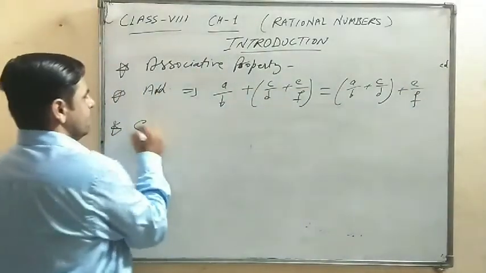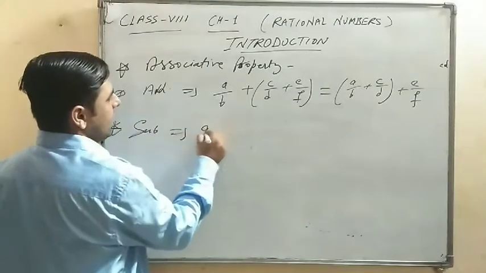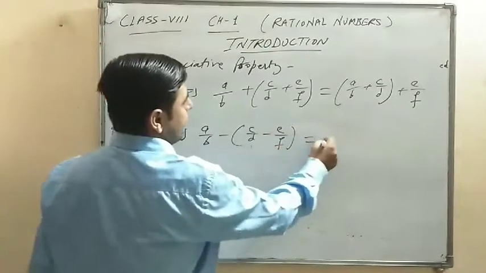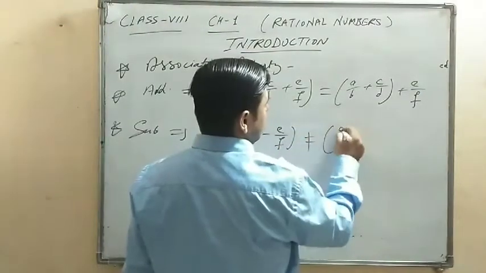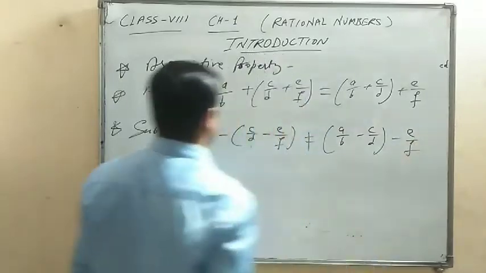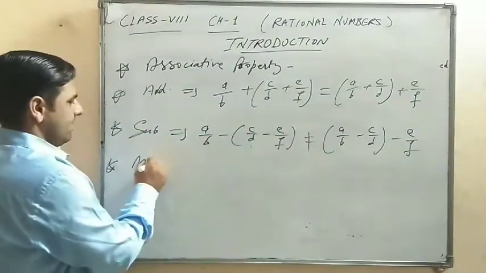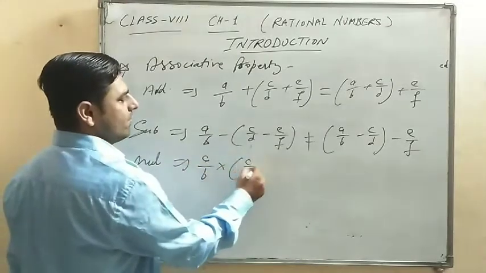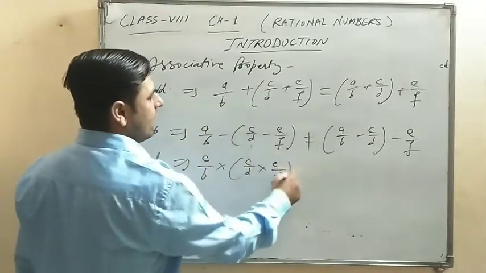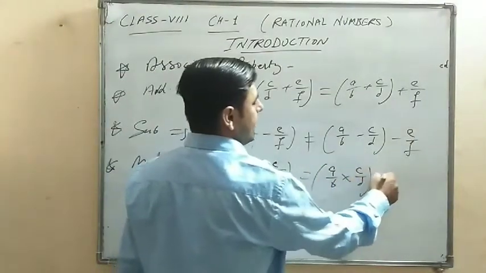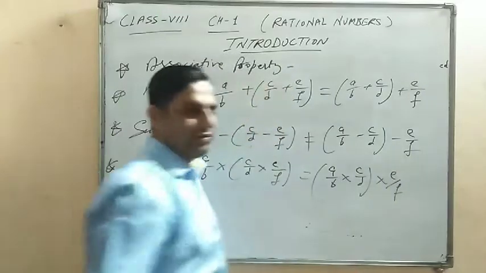In subtraction, a upon b minus in brackets c upon d minus e upon f is not equal to in brackets a upon b minus c upon d, minus e upon f. Then multiplication: a upon b into in brackets c upon d into e upon f is equal to in brackets a upon b into c upon d, into e upon f.